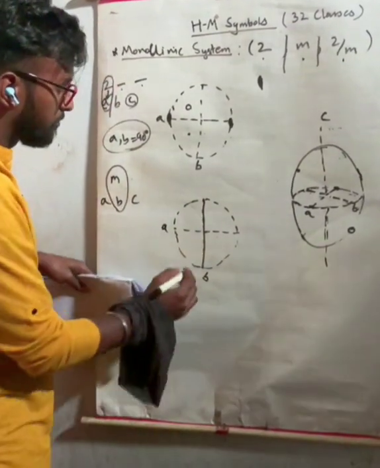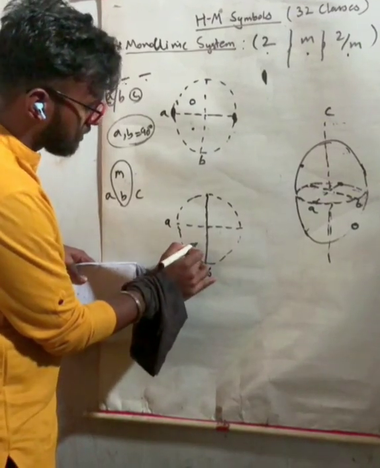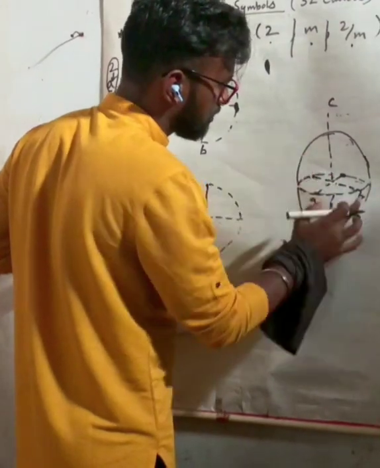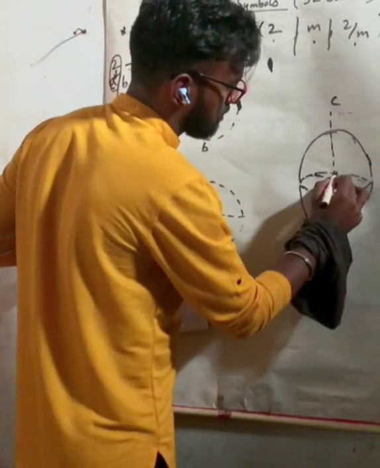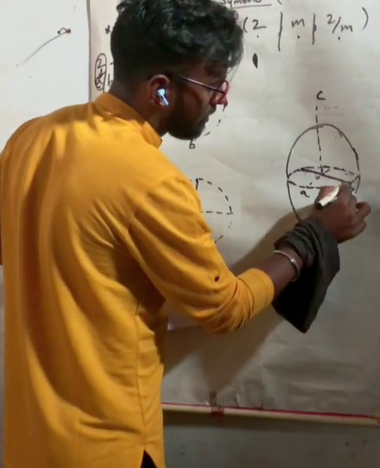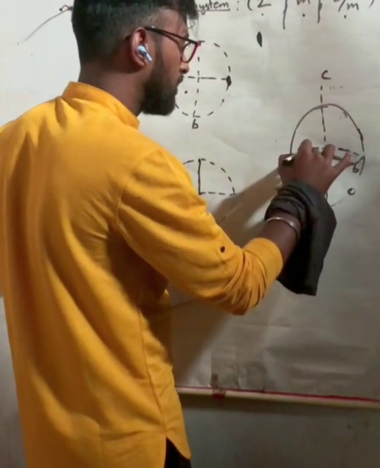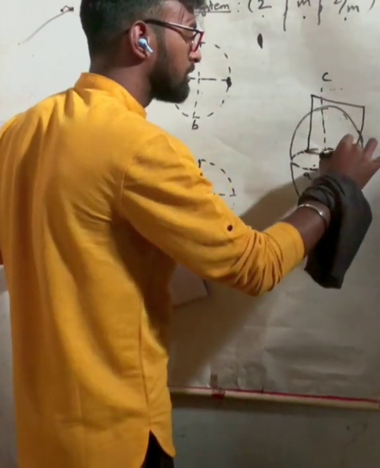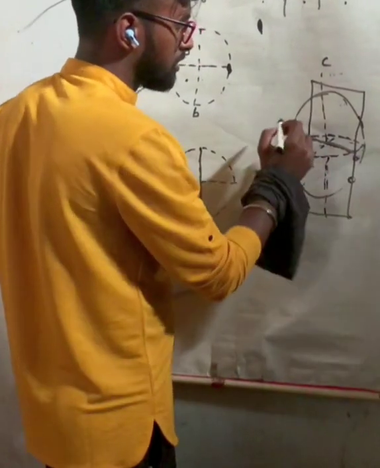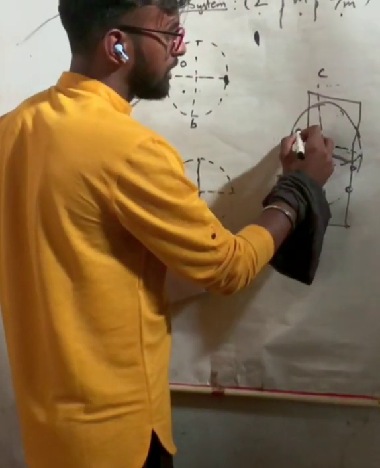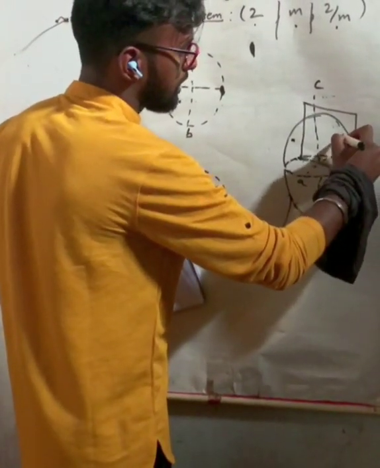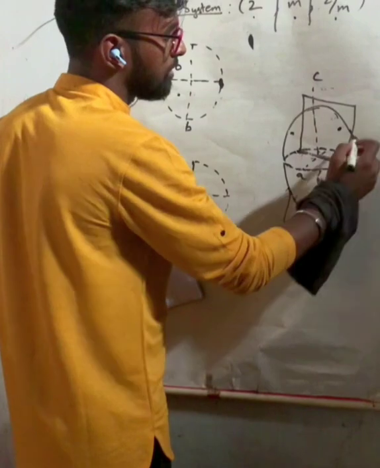Now if we take an element here, and suppose in this figure this is the mirror plane. Mirror plane means if we extend it, it will be like a mirror. If we have an element here, it will have its projection on the opposite side, but in the same hemisphere, the upper hemisphere.